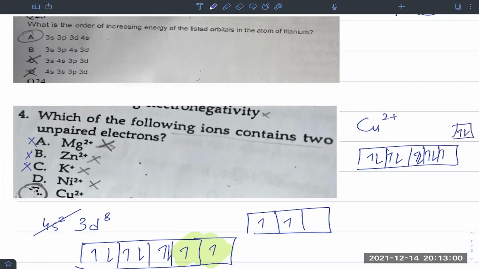Then there's the 4s2 one, from which one goes over to the d. And then you lose 2 electrons, so you're losing these 2. So you have one unpaired one. So that's copper. So it's going to be nickel 2 plus. That is the answer because that has two unpaired ones.